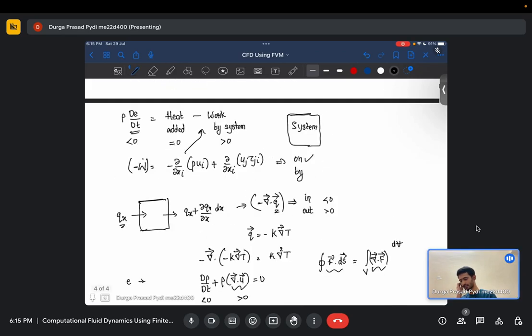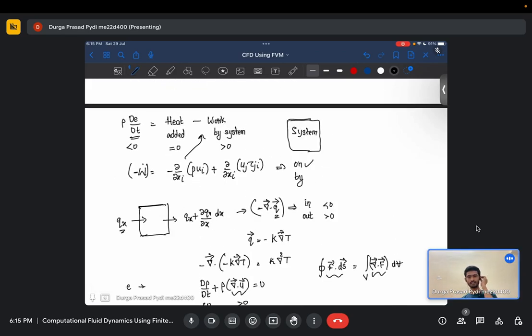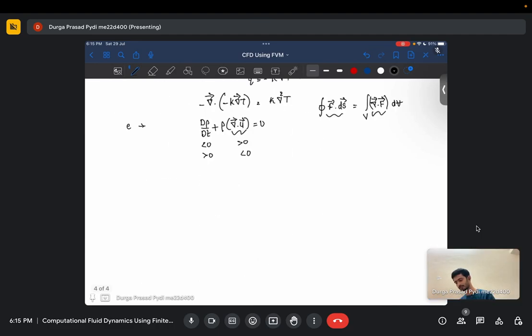So we started out saying we need to find an expression for dE dt, but what is E here? E is your total energy, or it's essentially specific energy, but your total energy essentially contains several other components. One is your internal energy, and then your kinetic energy.